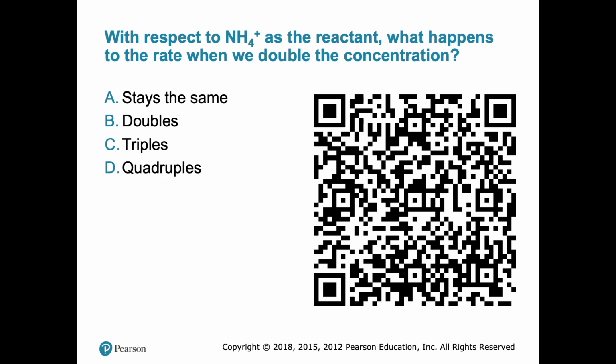So this is your next question right here. With respect to ammonia, as the reactant, oh, I forgot to put the word double there. As the reactant doubles, what happens to the rate?